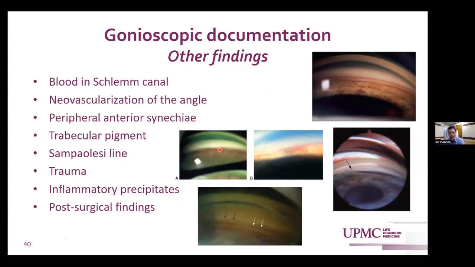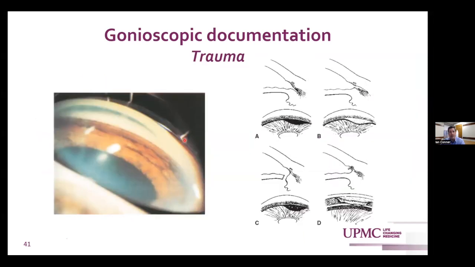So here you have a widened, recessed angle in A, inflammatory precipitates. And then in this case, you see the classic Sampaolesi line here on the black line compared with the trabecular meshwork in the two. And this is associated with uveitis as well as pseudoexfoliation, which we pretty commonly see here.